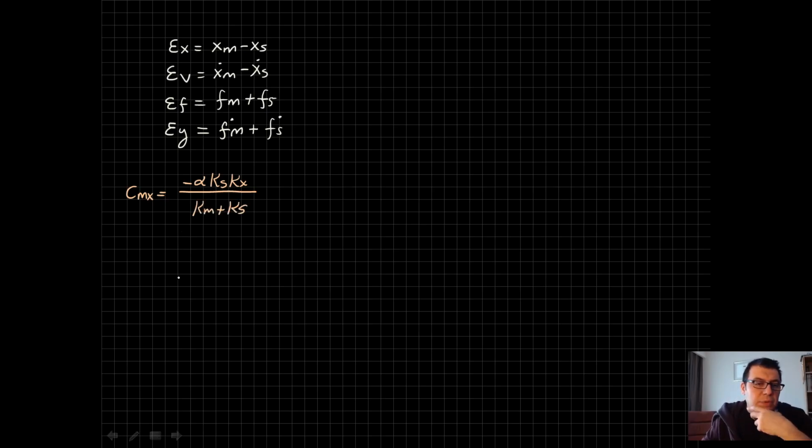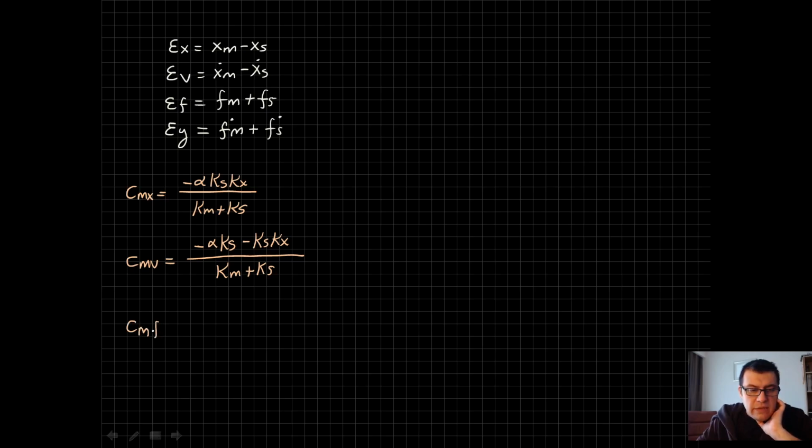These are actually computed in MATLAB environment, so I think they're correct. They shouldn't be wrong, but you can double check. I might also be having some errors. CMV is equal to minus alpha ks minus kskx over km plus ks.